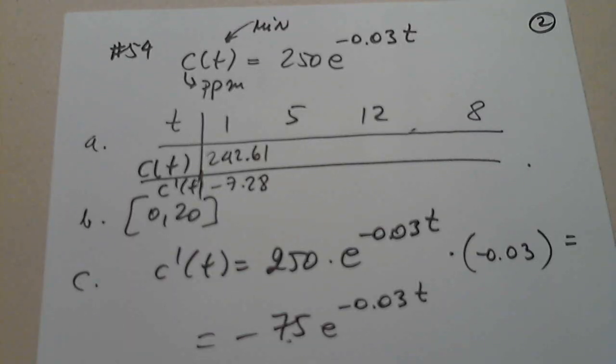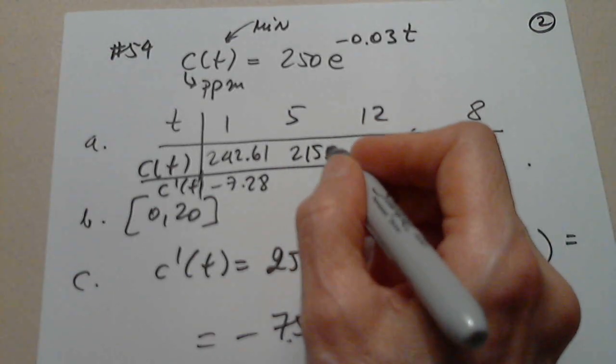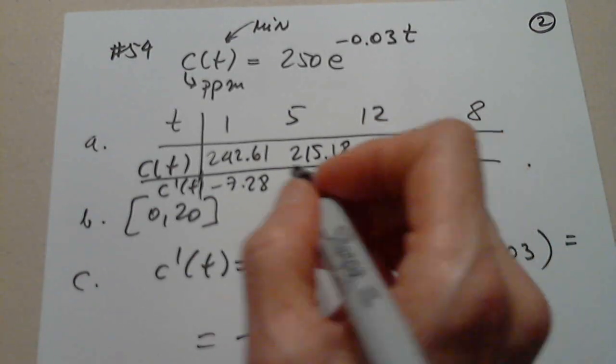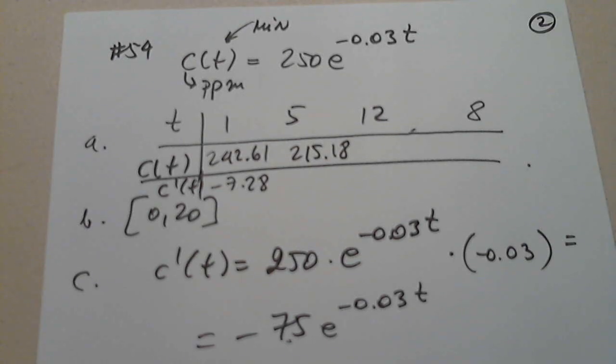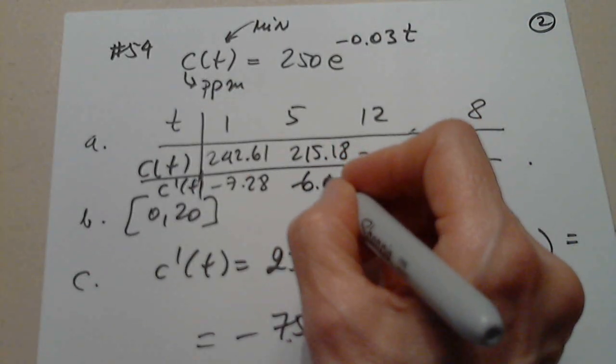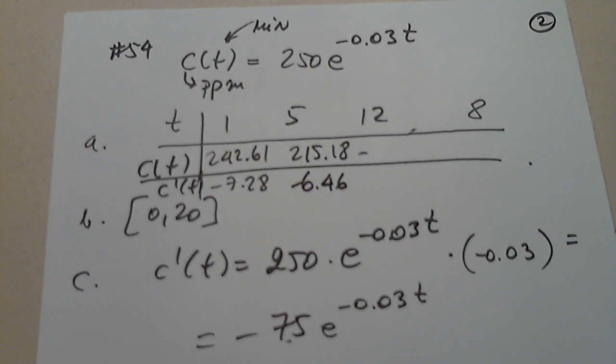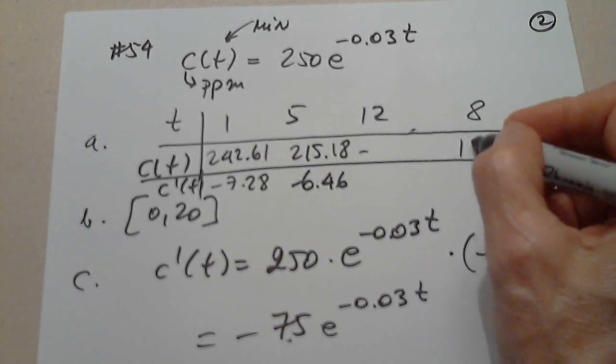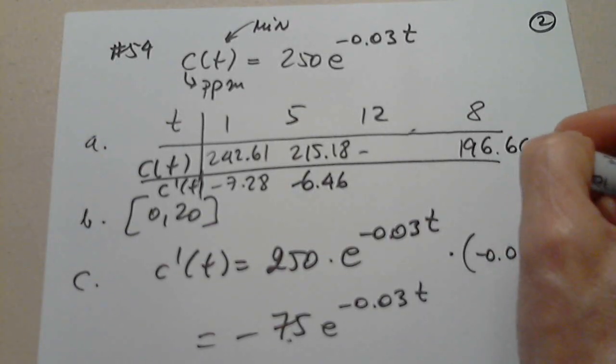Then for 5, 215.18. And then negative 6.446. And then for 8, that they're asking anyway, 196.66.